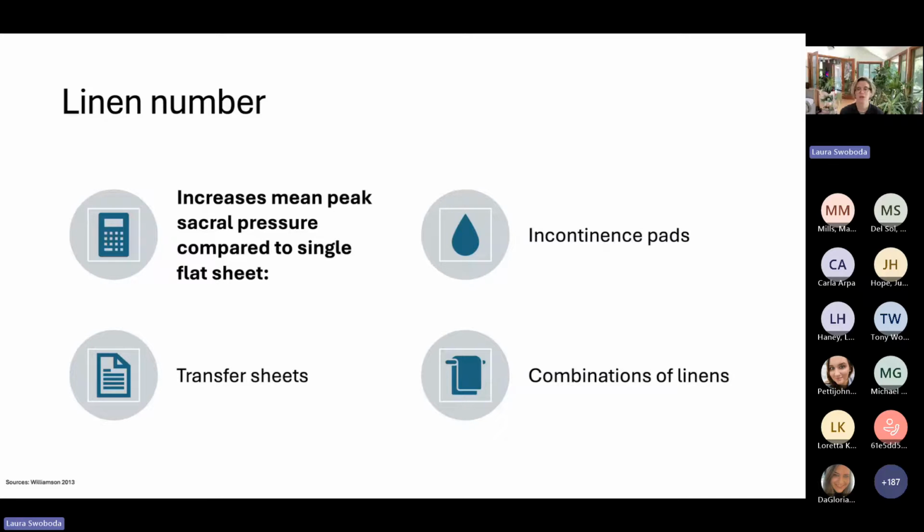And the higher the number of linen that you're using, the increased mean peak sacral pressures. So obviously, if you're getting a higher pressure over your bony prominences because of the number of linen layers that you're using, you're going to have a higher pressure injury risk.